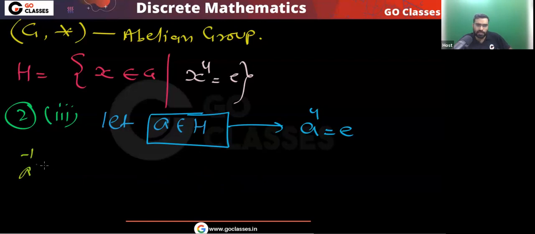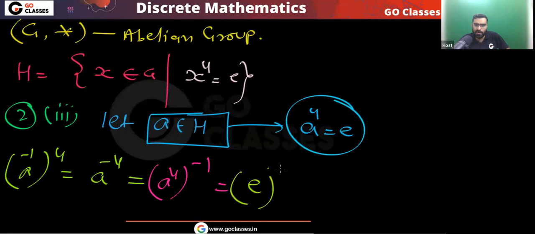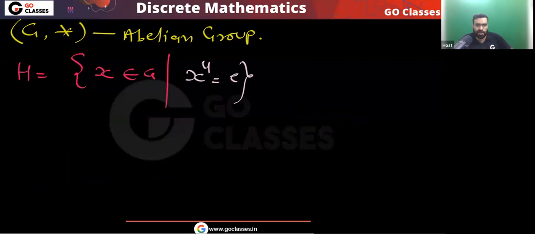A inverse power 4 is equal to A power minus 4, which is equal to A power 4 whole power minus 1. Already A power 4 is E, so E power minus 1. What is E inverse? That is E. So very simple. So that's it. So what have we done?